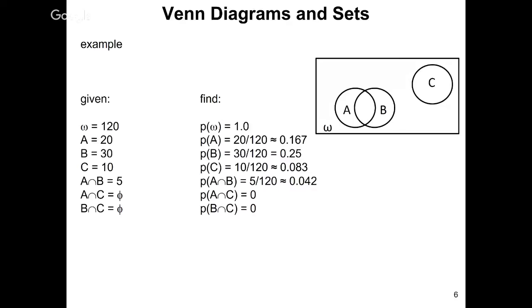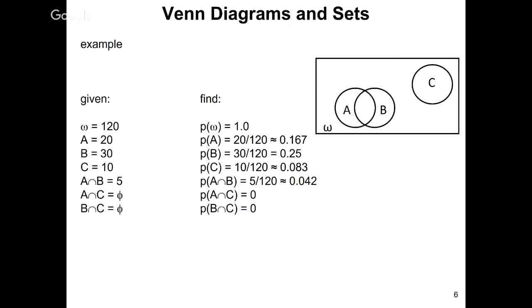Now I did want to show one other thing with the equations that we learned before. So the probability of A is, let's see, 0.167. I mean, that's rounded. It has the wavy sign.